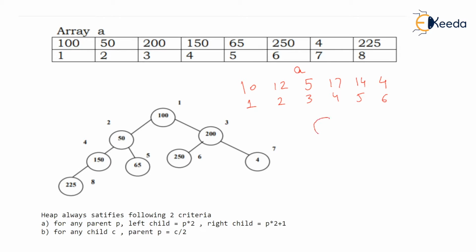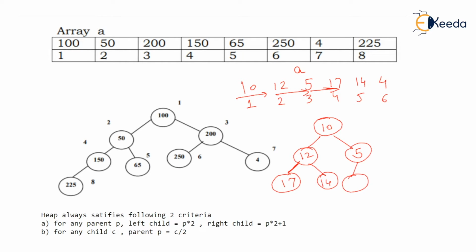So 10 becomes the root, the left becomes 12, and the right becomes 5. We have just taken the values in this order and added them in the binary tree from left to right. So the next vacant position from left to right has to be left of 12. That happens to be 17, the next value available in the array. Then comes 14 on the right of 12. Then the left of 5 becomes 4, and that's it. 4 is the last element of the array.